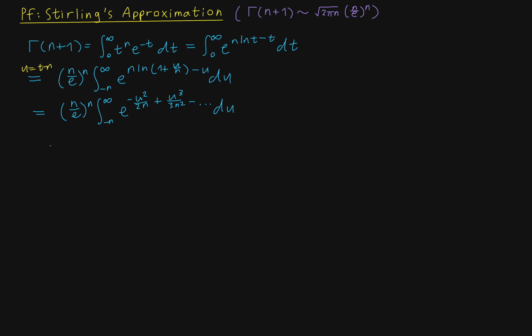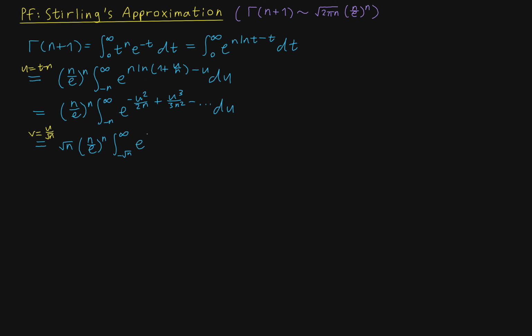And now with this, we want to consider another substitution. This substitution is going to be v is equal to u over square root of n. So we're going to get a square root of n factored out times n over e all raised to the n. Then the bounds change. We have negative square root of n, still to infinity.